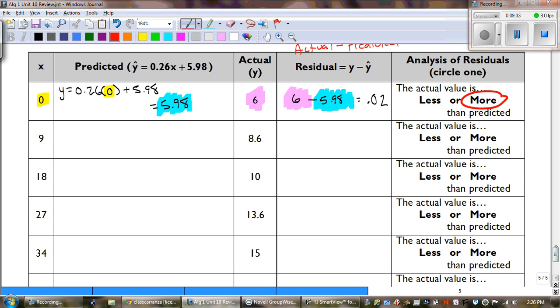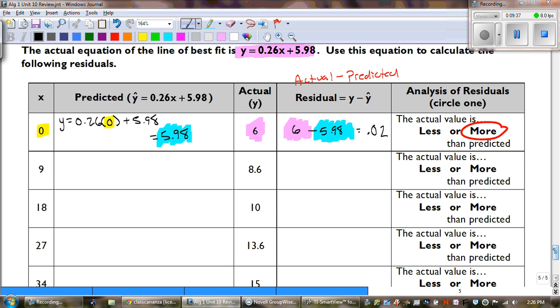All right, let's do another one, just so you get a good feeling about this. So we take the equation first, and we're going to plug in a 9, because that's our actual. And when it gets predicted, you should be getting 8.32, right?